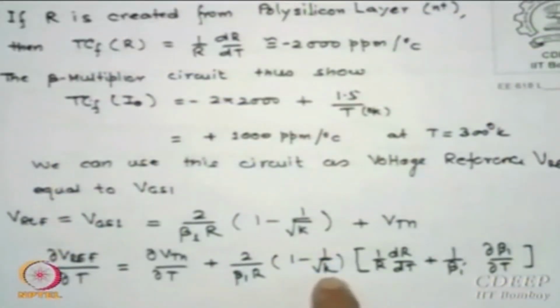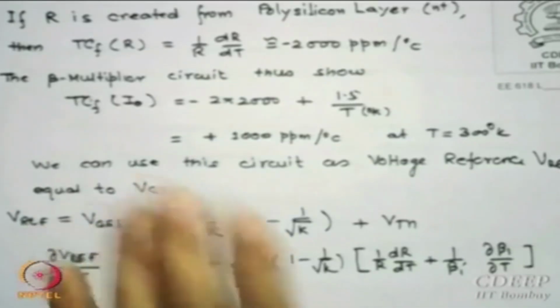Now you have two terms. The threshold voltage goes how much? How many millivolt per degree centigrade? It is minus 2.3 millivolt per degree centigrade, the threshold variation with temperature. So you know this, you put the values here, and you have another term with R and K, two parameters in your hand. R of course is deciding your VGS1 also, that is the reference value.